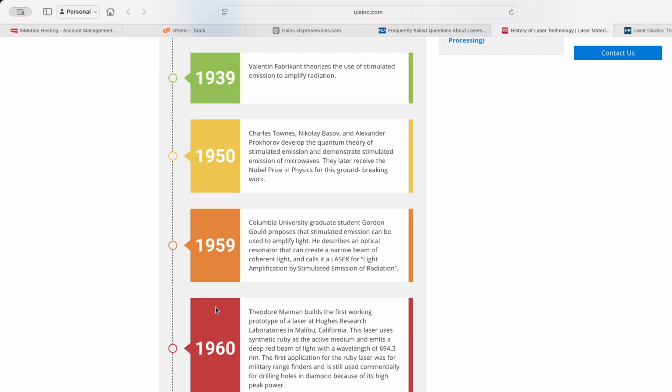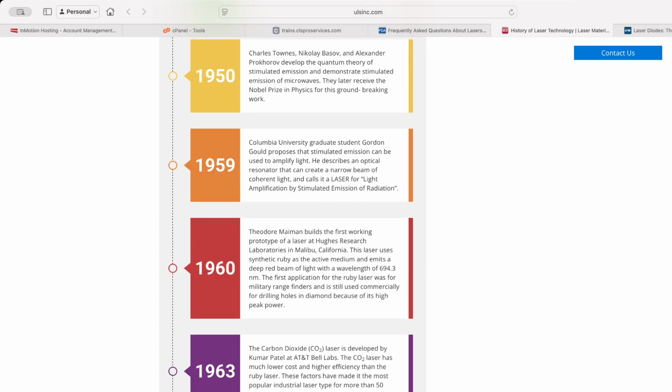But it was in 1959, and you can see Gordon Gould is the one who actually came up with the name laser, which is light amplification by stimulated emission of radiation, which we read before. He just came up with that idea and the name, but there wasn't a laser at that point. It was here, you see, 1960.